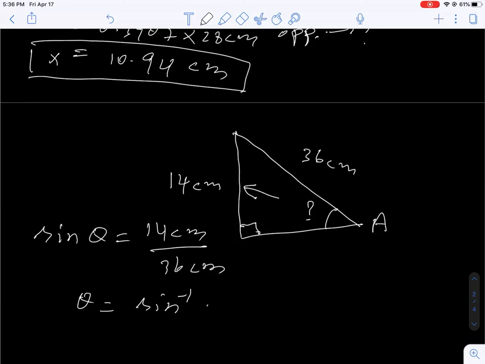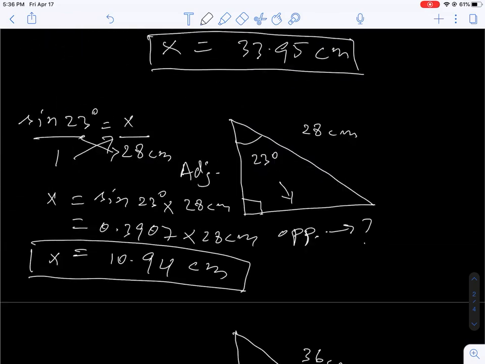We will get 0.388. Now we'll take the inverse of sine, the second function, sine 0.388, and the angle I got is 22.8. I will just round it up to 23 degrees. Okay, so that's the missing angle, and this is how you will use opposite and hypotenuse and sine ratio to find this angle.